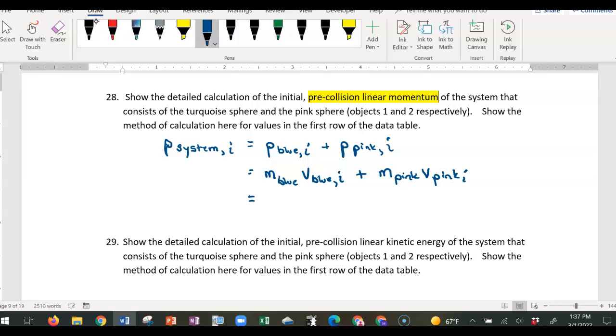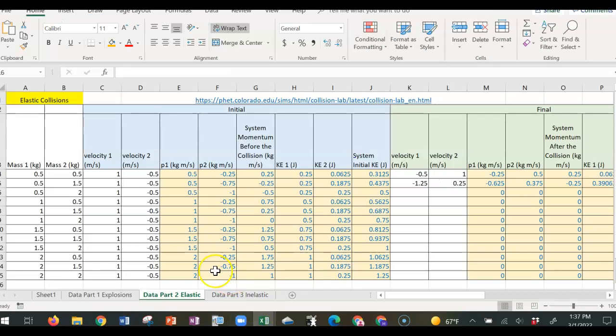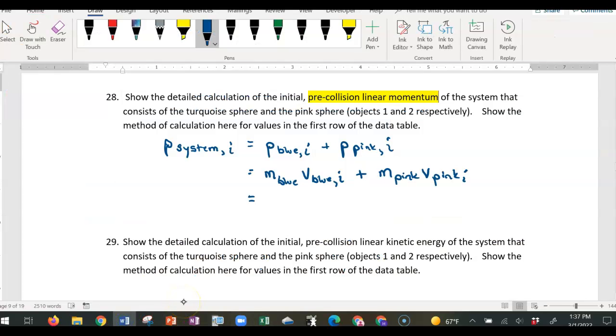Okay, so I can look at the first row of the table, and I can see that both of them initially had masses of 0.5 kilogram. The velocity of the first one was 1, and the velocity of the second one was -0.5. So 0.5 kilograms times 1 meter per second, that's for the blue sphere, and 0.5 kilograms times -0.5 meter per second for the pink sphere.